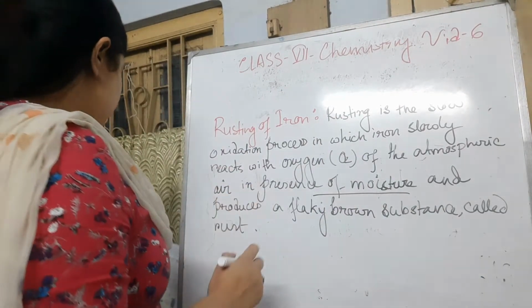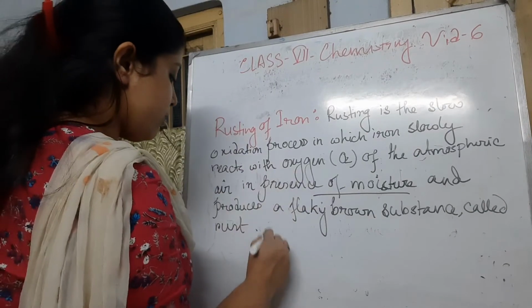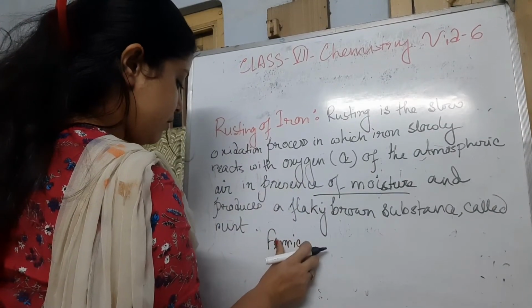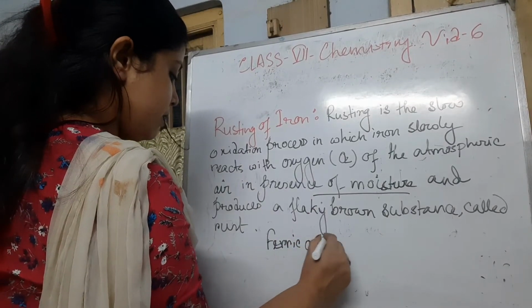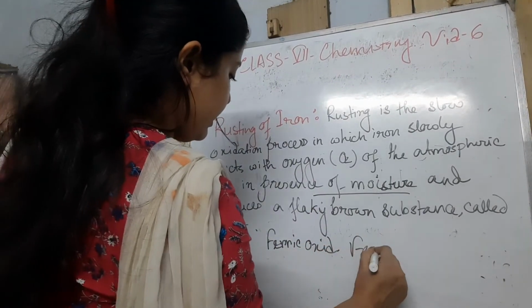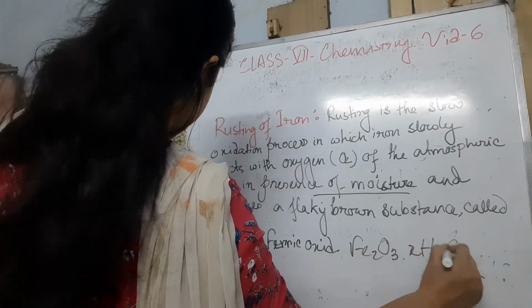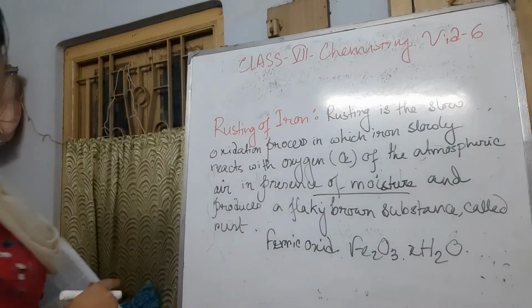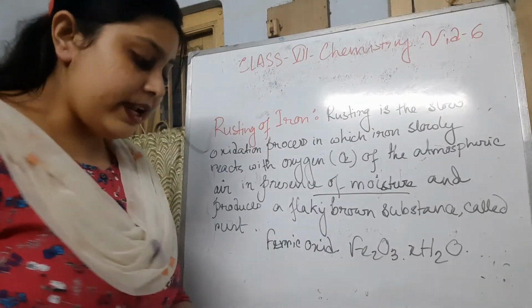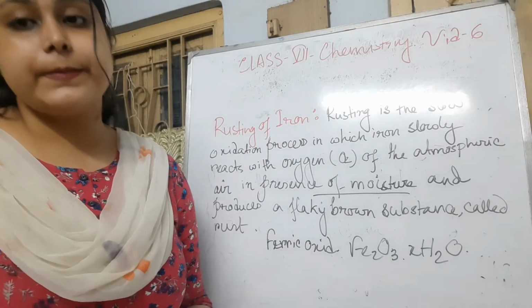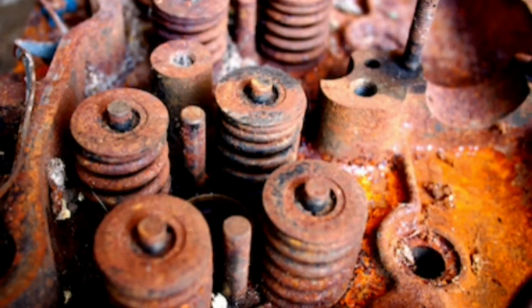So the chemical formula of rust, or ferric oxide, is Fe2O3. Okay, so this is the chemical formula. Let's find out how rusting is formed and how it looks. This is the picture of the rust that you can see.